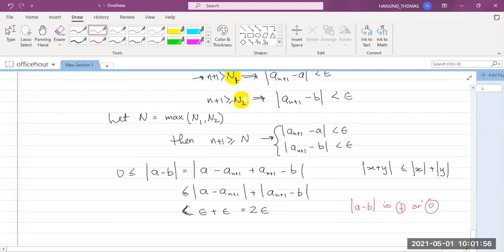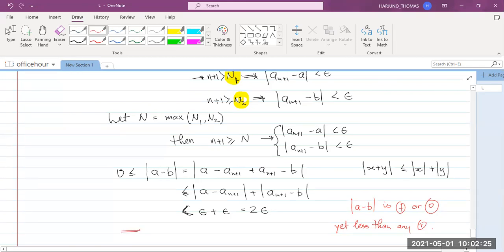Why? Because it's an absolute sign, right? So it must be positive or 0. Yet less than any positive number. What is the number that is positive or 0 and at the same time less than any positive number?